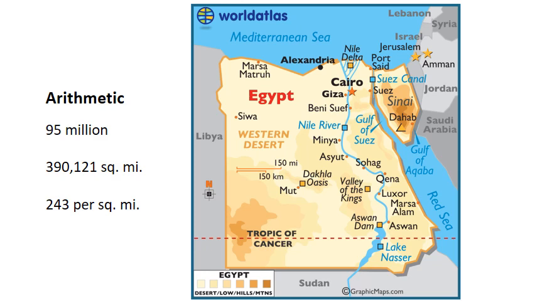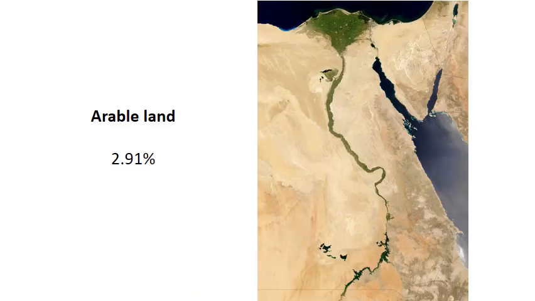But there's a problem here. And that problem is that although Egypt is a large country, it's mostly desert. As a matter of fact, its arable land is only 2.9% of available land.